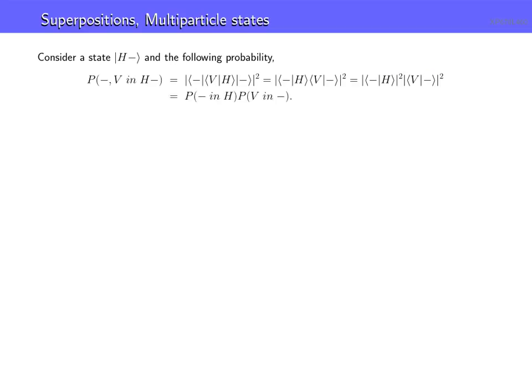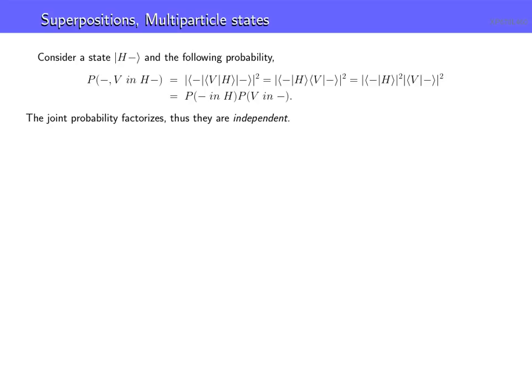So we're really just finding the probability of finding outcome minus when in the H state, multiplied by the probability of V in minus. But recall in the discussion of probability what that means. That means the joint probability here factorizes, thus they are independent. So that's the definition of independence: the joint probabilities factorize.